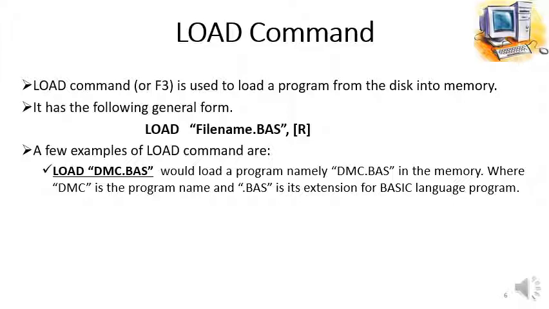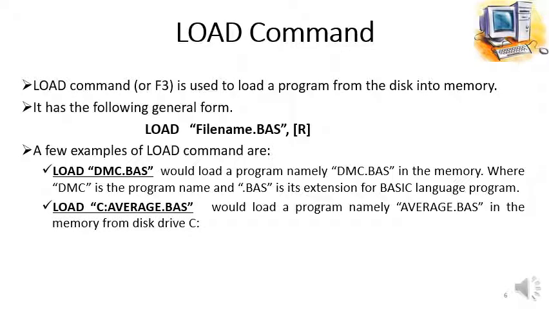Now we have written the keyword load and specified the file, the basic language file. BAS is the extension for a file of basic language, or the source file written in basic language. It would load a program, namely dmc.bas, in the memory, where dmc is the program name and .bas is its extension for basic language program.